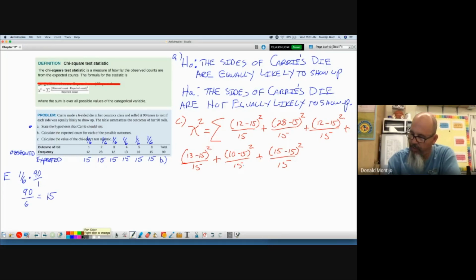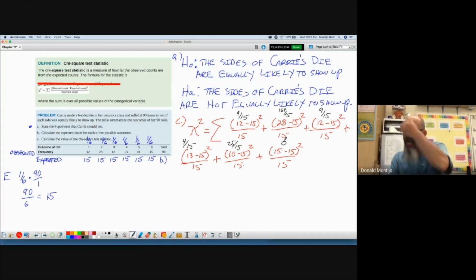This would be 13 over 15 squared. 13 squared, that's a pretty big number, that's going to give us 169 over 15. This would be 9 over 15 once again. This one would be 4 over 15. This one would be 25 over 15. And this one would be 0.